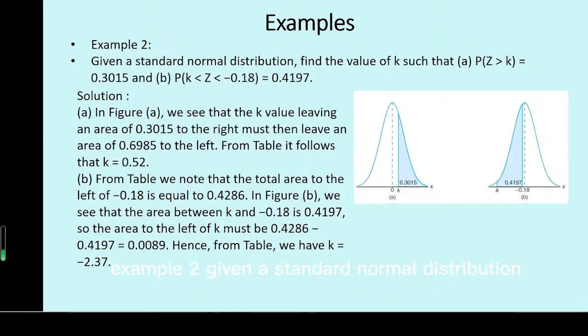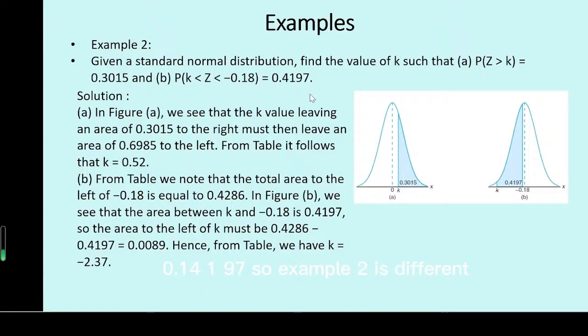Example 2: given a standard normal distribution, find the value of k such that the probability of z larger than k equals 0.3015. Question B: find k such that the probability of z between k and minus 0.18 is 0.4197.